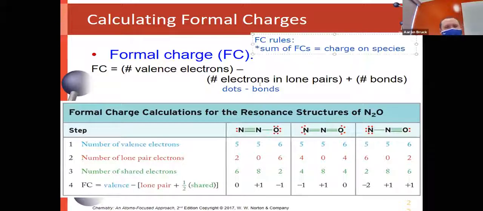Some general rules for formal charge. The sum of the formal charges has to equal the charge on the species. So if I have an ion, then it's going to equal the charge of the ion. If I have a molecule, all the formal charges will cancel out to equal 0.